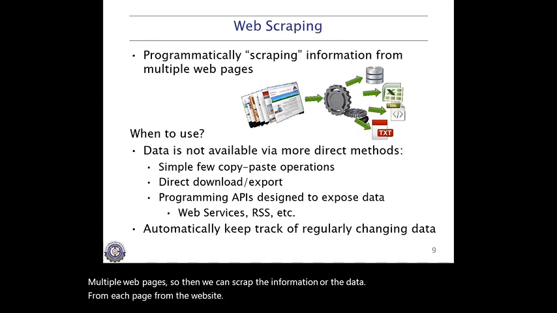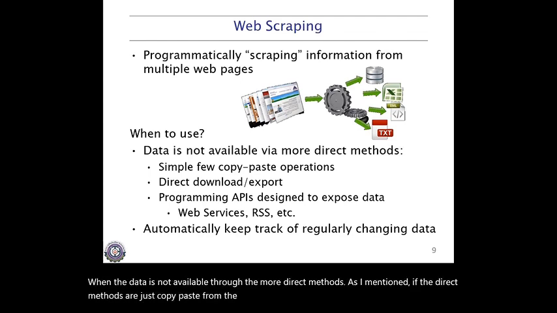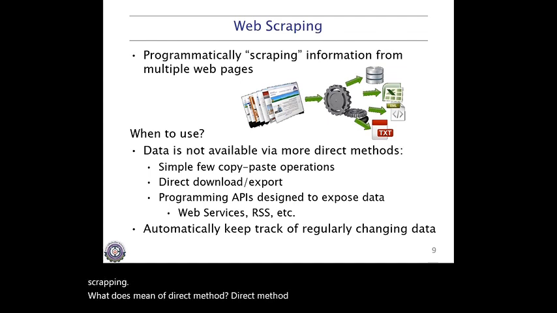So when to use web scraping: we use it when the data is not available through more direct methods, as I mentioned. If the direct method, just copy paste from the web page, we cannot do, then we use web scraping. What does direct method mean? A direct method is a simple, few copy paste operations.